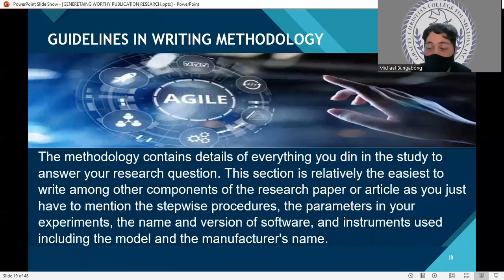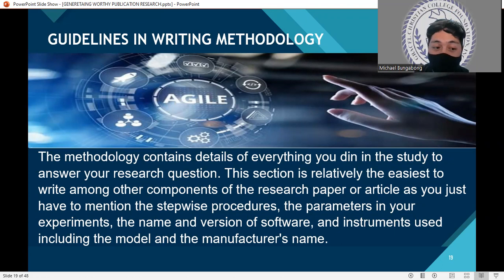We have the guidelines in writing a methodology. The methodology contains details of everything you did in the study to answer your research question. This section is relatively the easiest to write among the other components of the research paper, as you just have to mention the stepwise procedure.